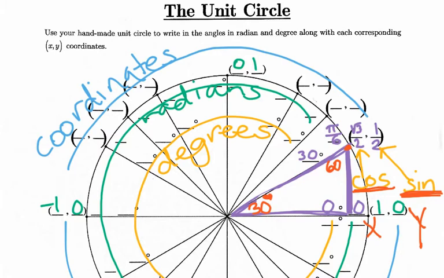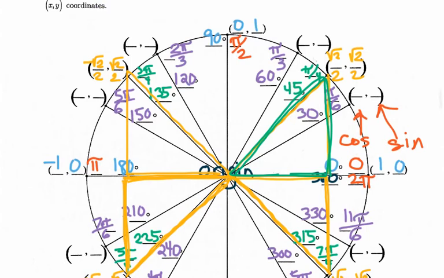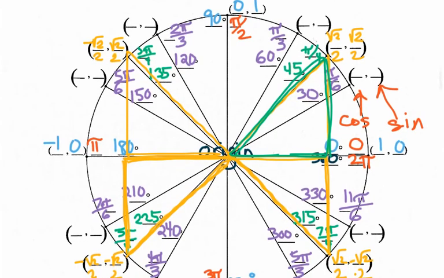So I'm going to move on now. The way I remember stuff is I just look at the 45, 45, 90 separately. Here you see I have all 4 triangles drawn in yellow. And you'll notice that the sides are root 2 over 2. And for every one of these, that's quadrant 1 where they're both positive.